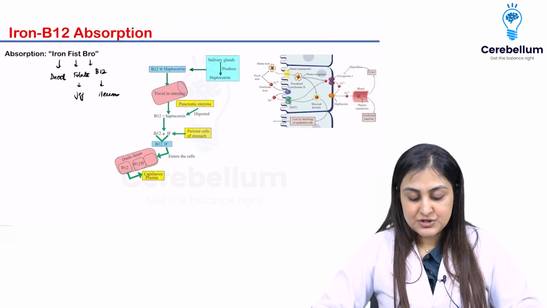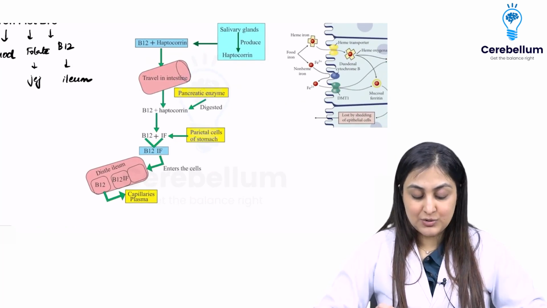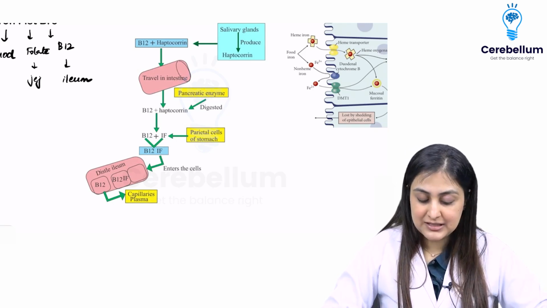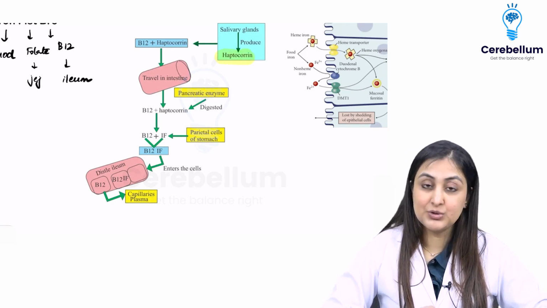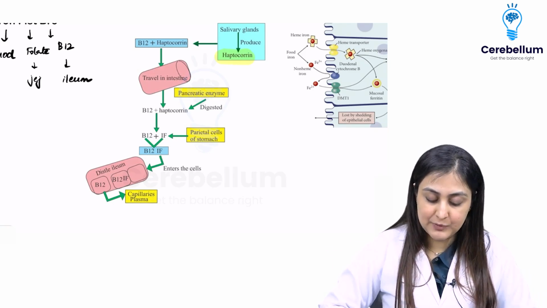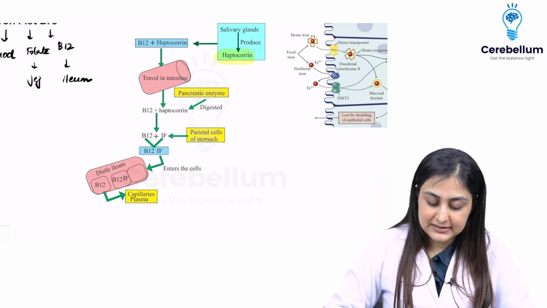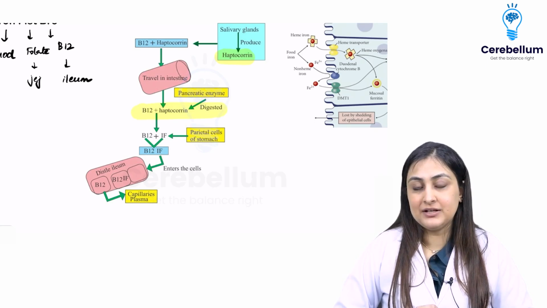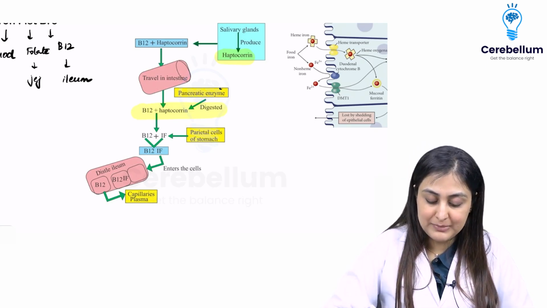Now just for a quick revision, I'm sure you remember this. For B12, two main protectors are needed. The salivary glands secrete a compound known as haptocorrin, which protects it till the stomach. B12 and haptocorrin travel into the intestine, where haptocorrin is digested by the pancreatic enzymes. So pancreatic enzymes are crucial for B12 absorption.